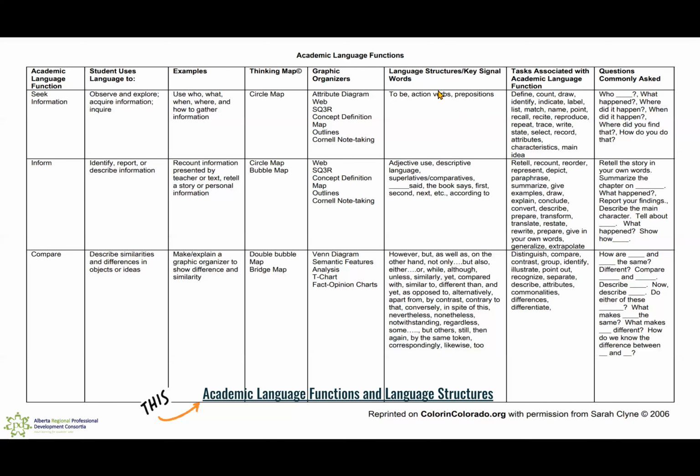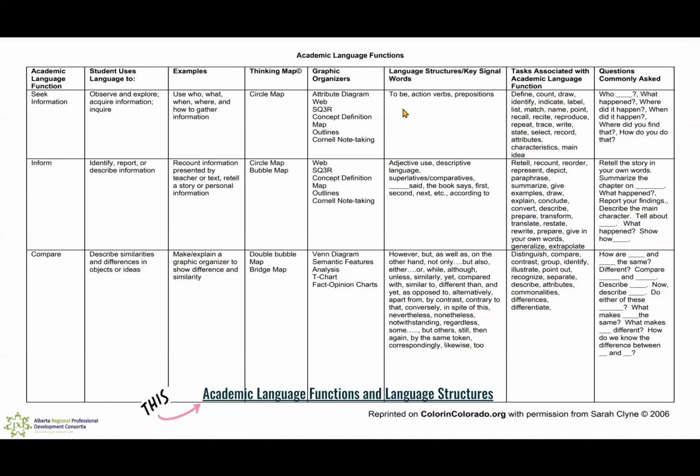When a student is seeking information, the language structures used predominantly are the to be, the action verbs, and the prepositions. So when we're asking them to define or identify or select or record, we need to make sure that our students have this part of their language.